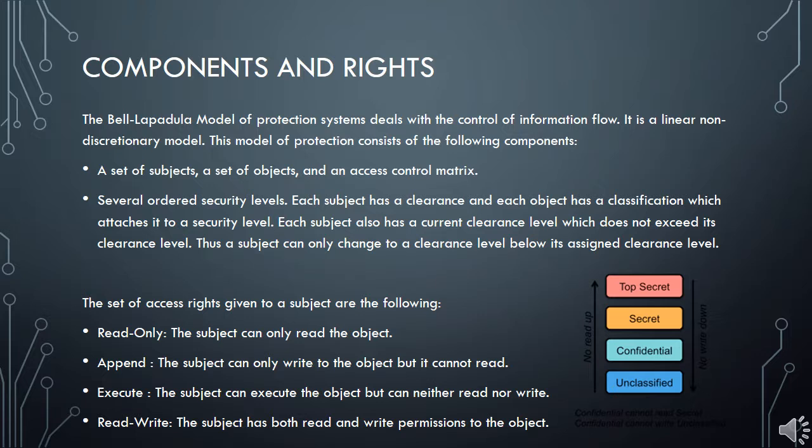This model of protection consists of the following components: a set of subjects and a set of objects, an access control matrix, and several other security levels. I will talk about the different levels of security later, and the Bell-LaPadula model has 4 access rights as follows.